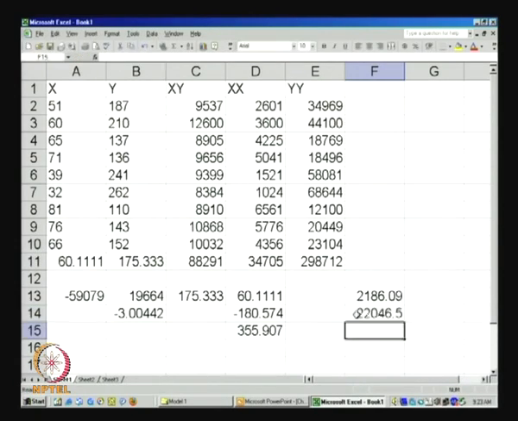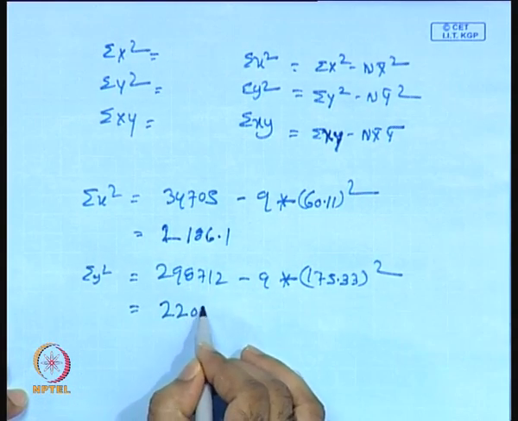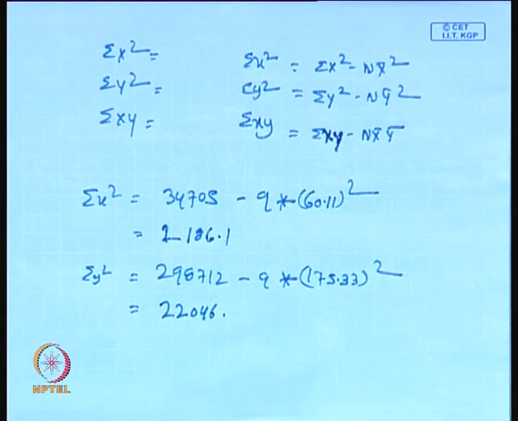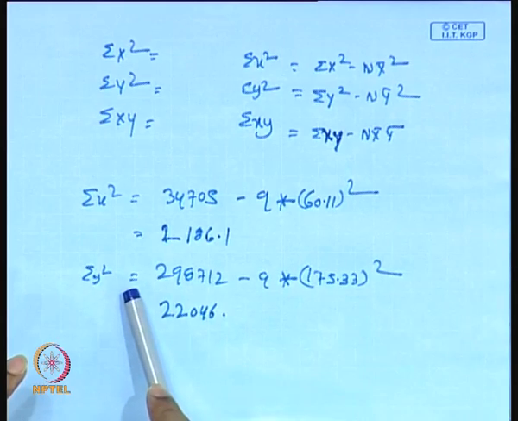So we will get 22046. This is how we receive the summation y square. So this is summation x square, this is summation y square.